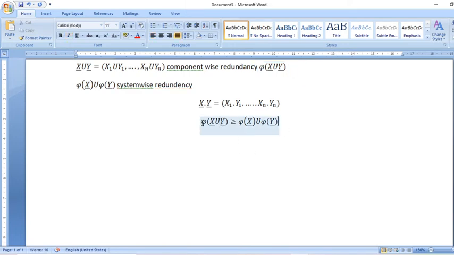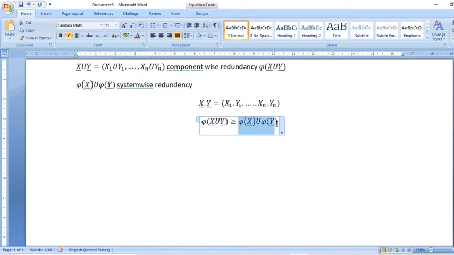So which is better? Yeah, when we apply component wise redundancy, that will be better than system wise redundancy. Component wise redundancy will be better than system wise redundancy.